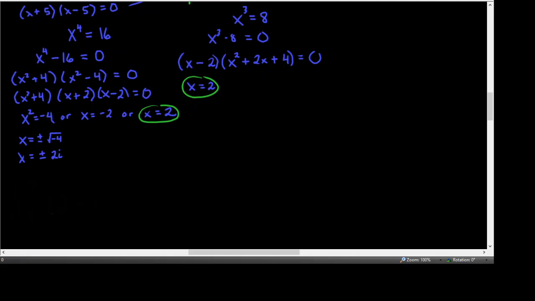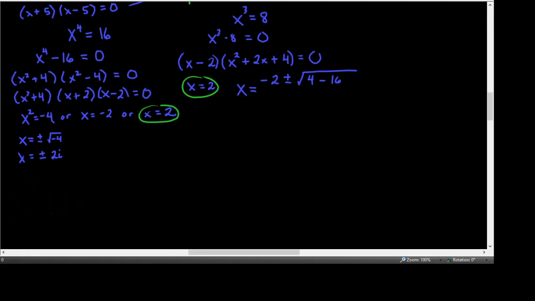Okay, to solve this other equation, x squared plus 2x plus 4 equal to 0, it doesn't factor, so I'm going to have to use the quadratic formula, which is x equals the opposite of b plus or minus the square root of b squared, 2 squared is 4, minus 4 times a, which is 1, 4 times 1 is 4, times c, which is 4, so that'll be 16.